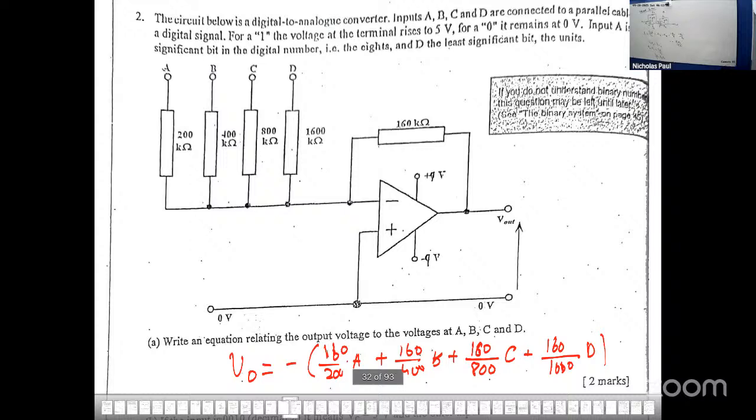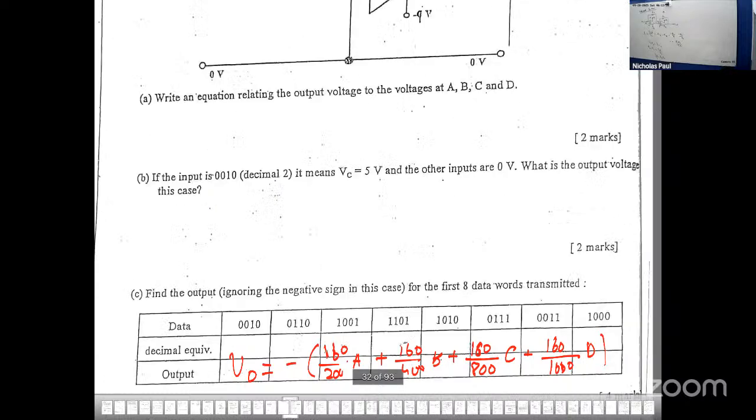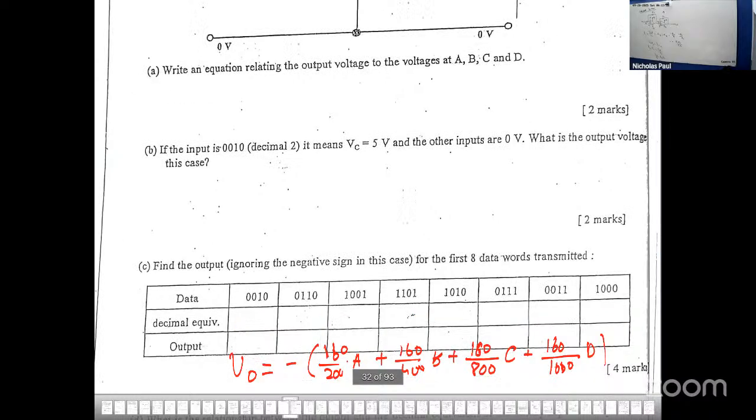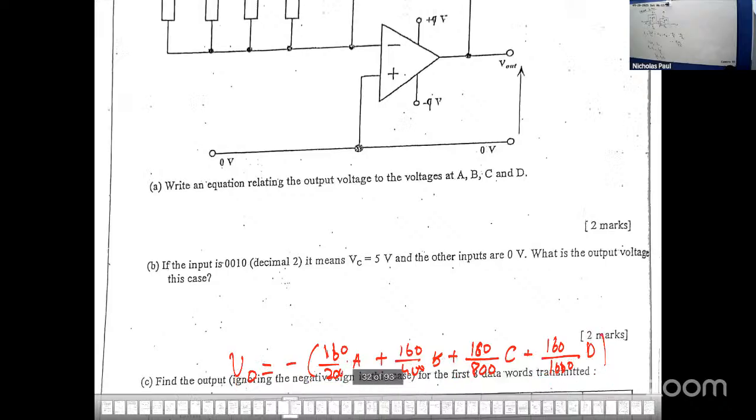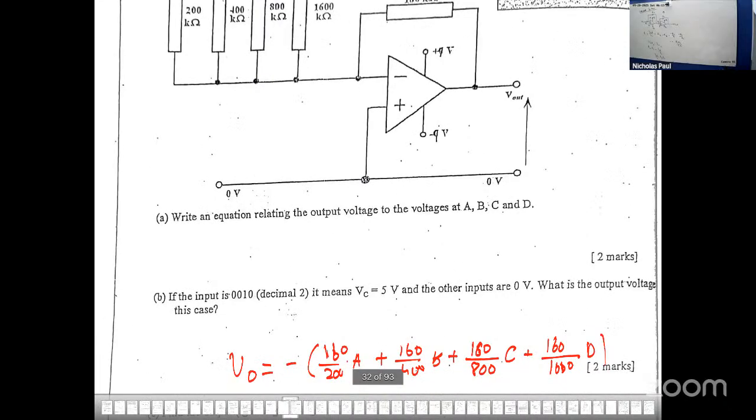Let's go to the second part now. Part B. If the input is 0010, and B and C are equal to 5, and the other inputs are 0, what is the output voltage? So what is A again?